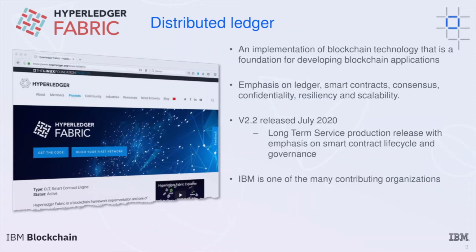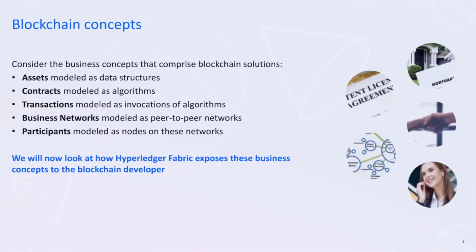Releases normally happen every 3 months. So we had version 1.1, which was released in March 2018, version 1.2, which was released in July 2018, version 1.3, which was released in October 2018, and so forth. IBM is just one of the many contributing organizations to the Hyperledger Fabric project.